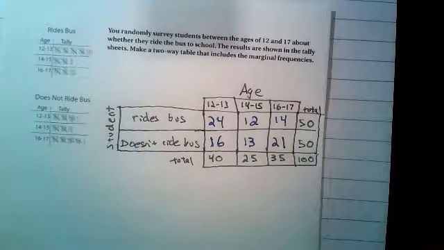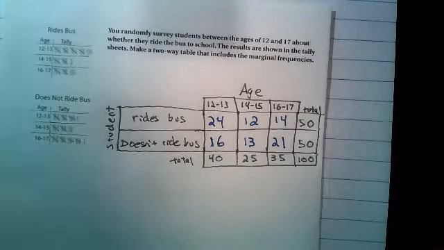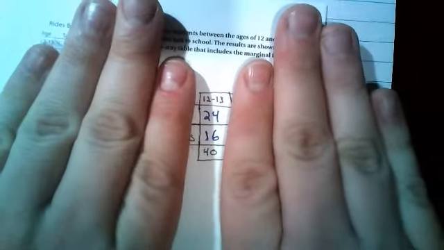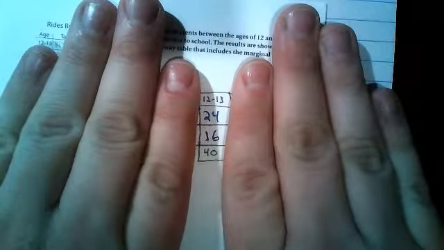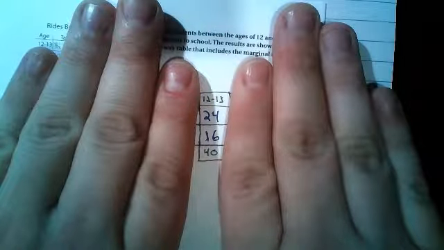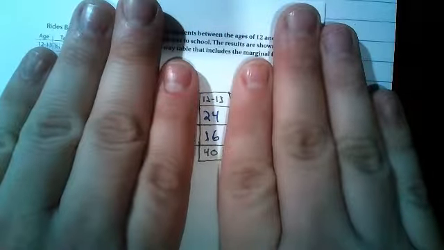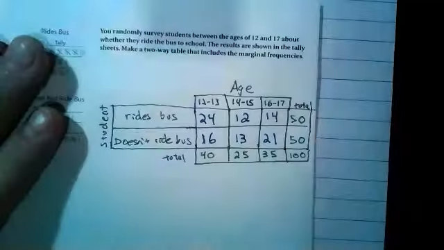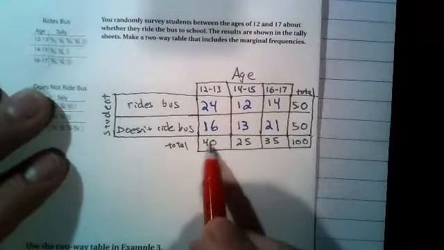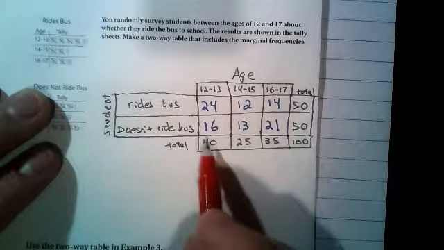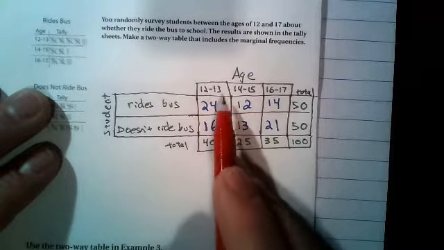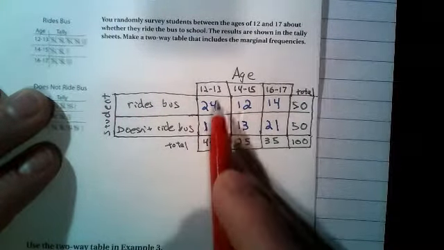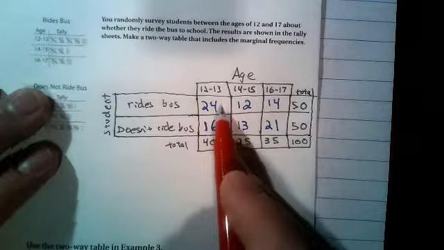So what we would do is, if we're looking at 12 to 13, we're going to kind of cover up everything else. And what's the percent of students that ride the bus and don't ride the bus for just 12 through 13? Well, there were 40 students that were between the ages of 12 and 13 that were surveyed. 24 of them rode the bus.